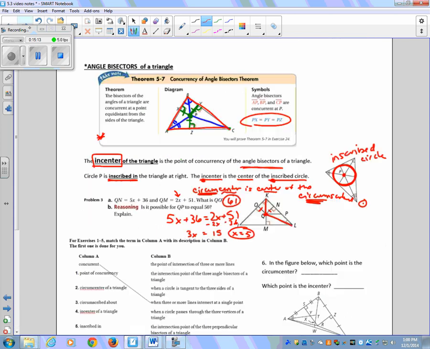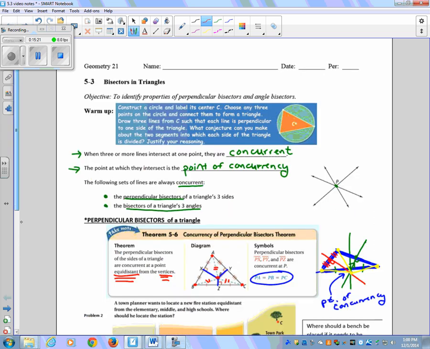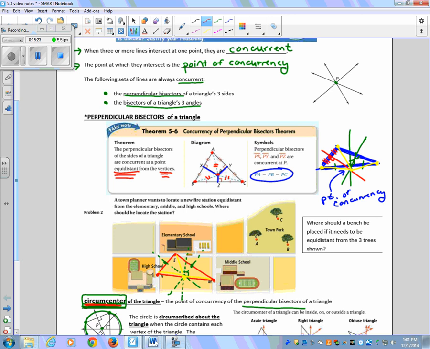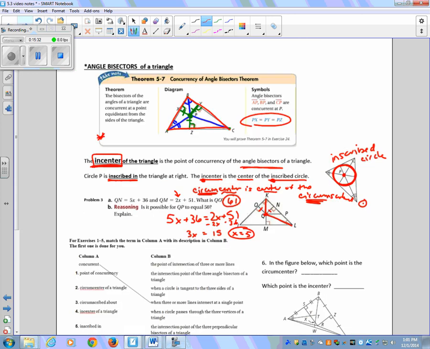And angle bisectors of a triangle all come together and meet at one point called the incenter. Now the circumcenter is a point that gives you an equal distance to the three vertices of the triangle, and the incenter is a point that marks the equal distance to each side of the triangle.